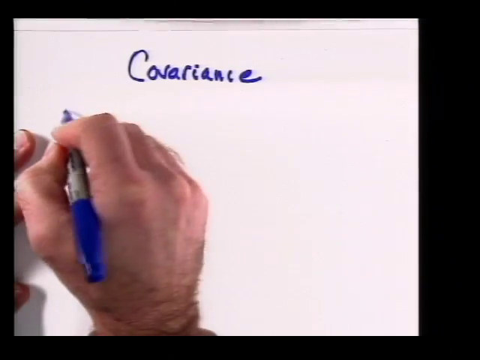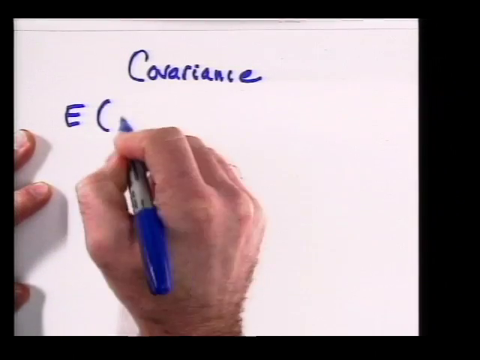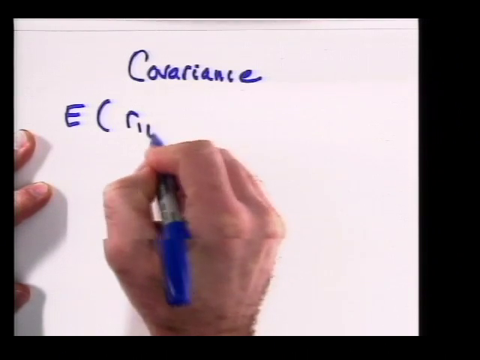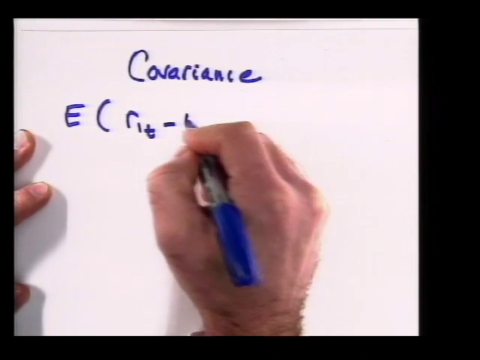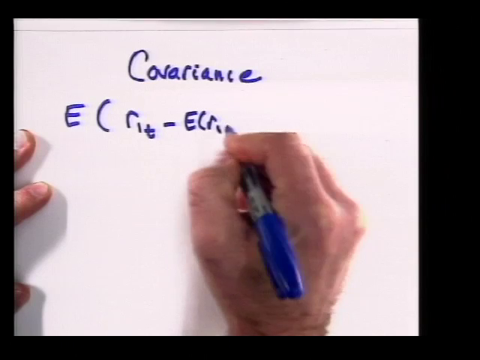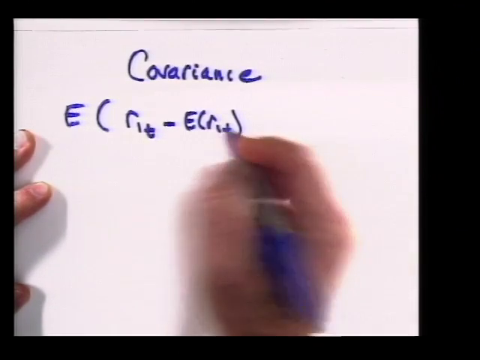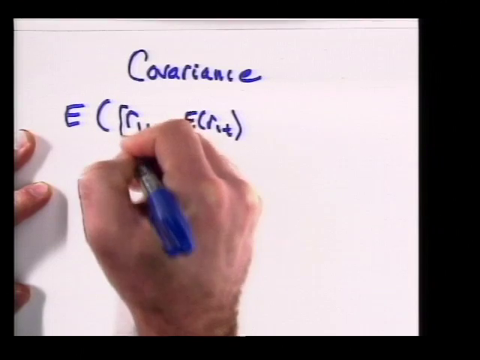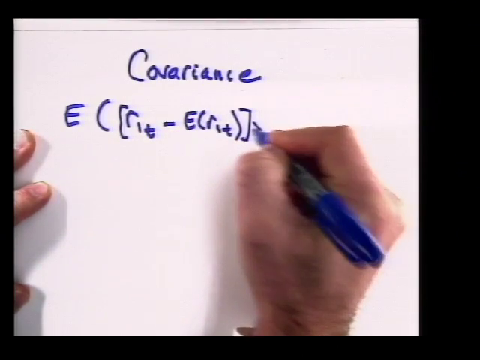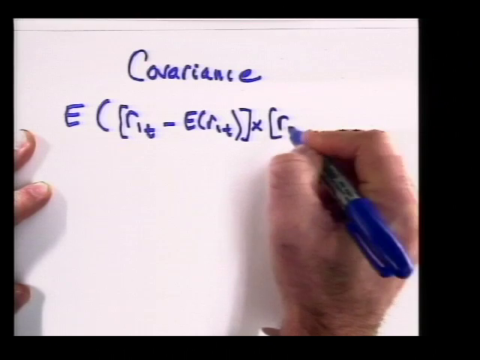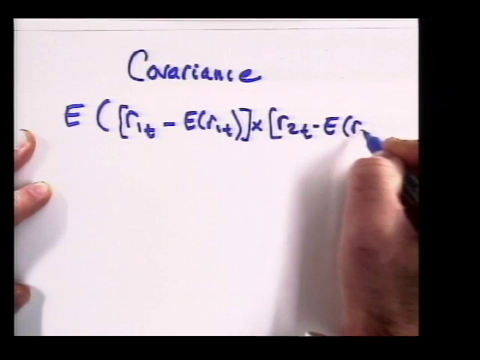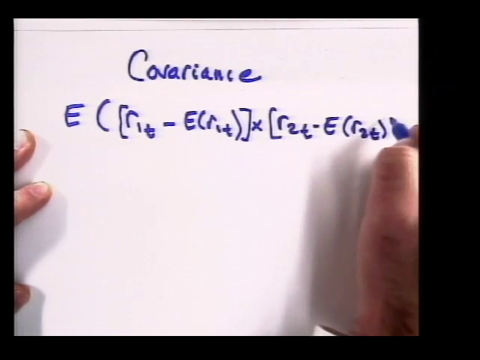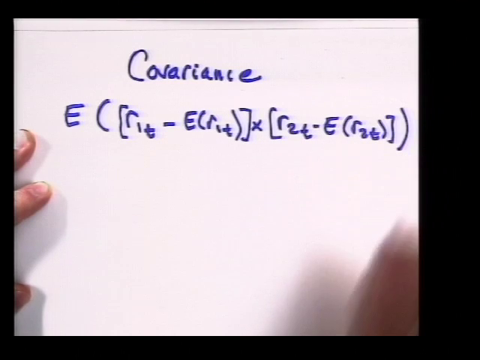The covariance is simply the expectation of R1t minus the expectation of R1t, times R2t minus the expectation of R2t. And this whole thing, you take the average.